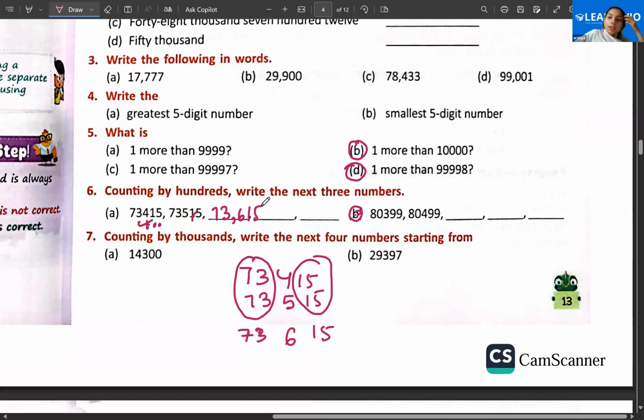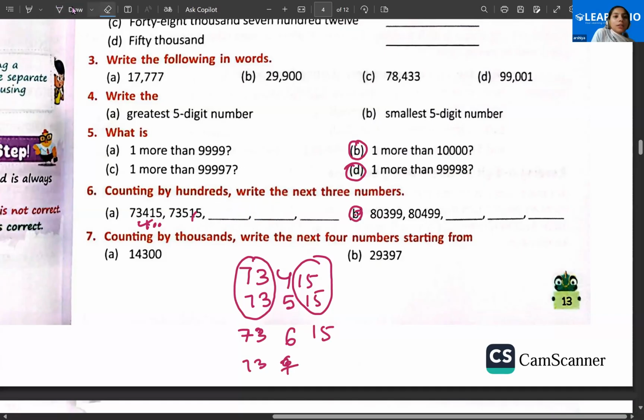Can you tell me the next one? Write this down, then you can tell me the next one. The next one is 73,715. Correct, very good. So 73,715.